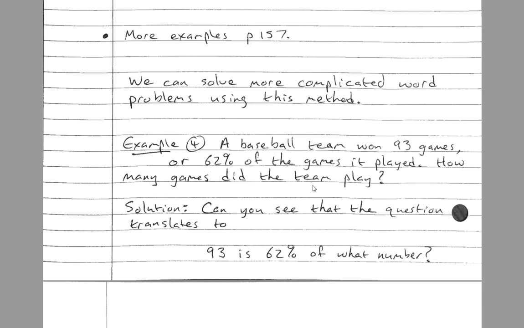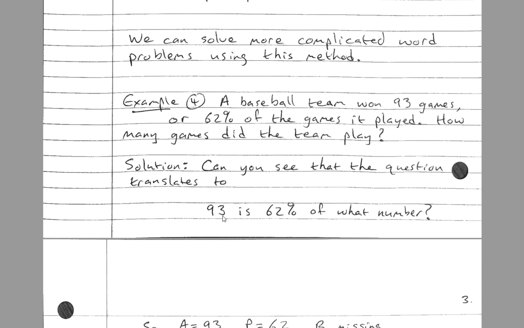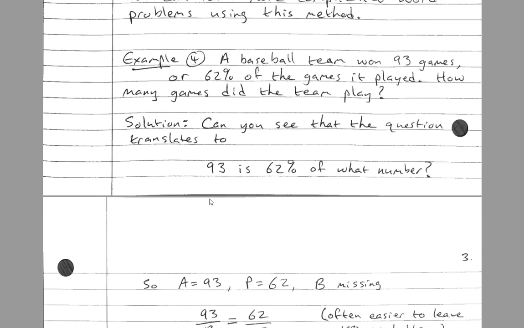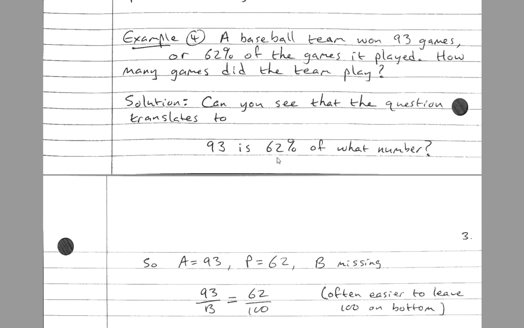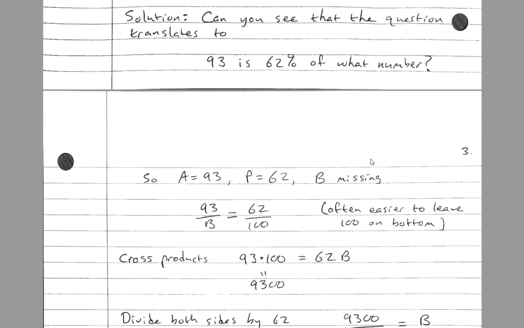All right, that's not too bad, but once you've got it to look like this, then A equals 93, P equals 62, and B is missing. So 93 over B is equal to 62 over 100.